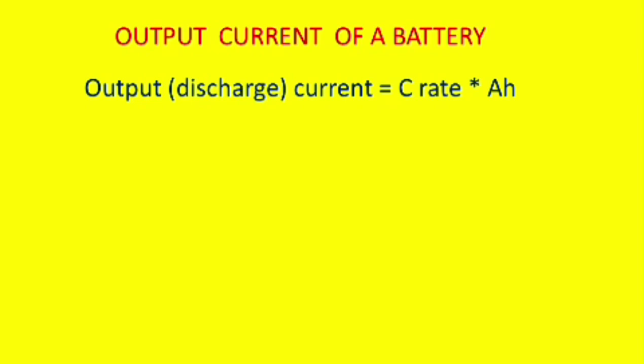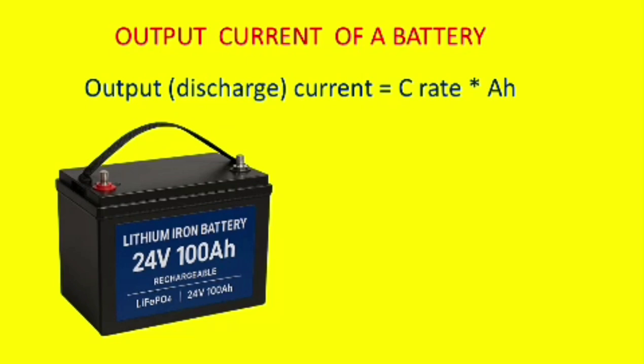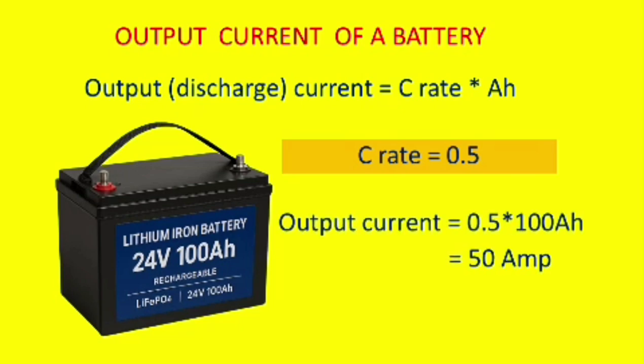C rating means current rating of a battery. Usually for a lithium ion battery, the C rate is equal to 0.5. So for this lithium ion battery, the battery output current is 50 amps.